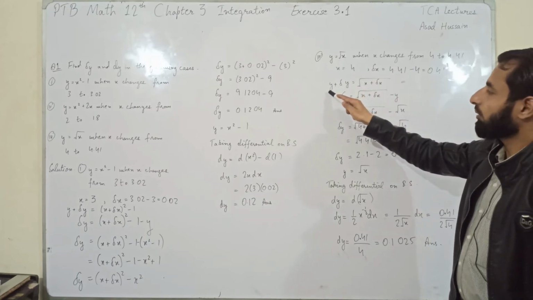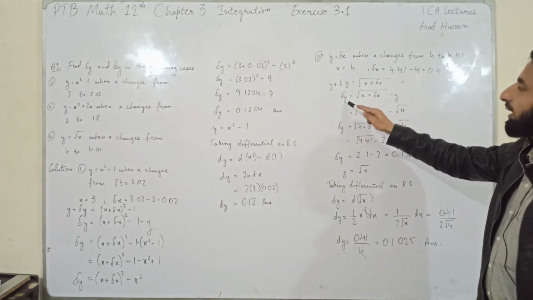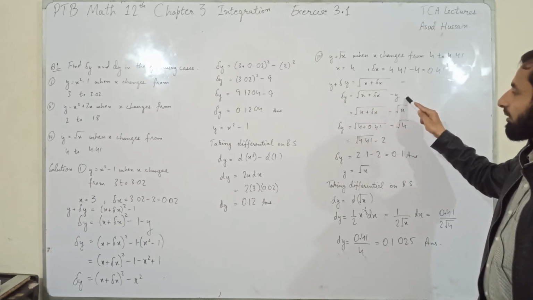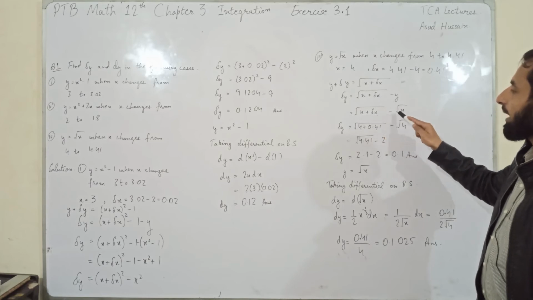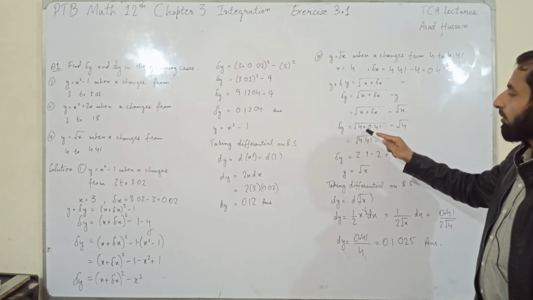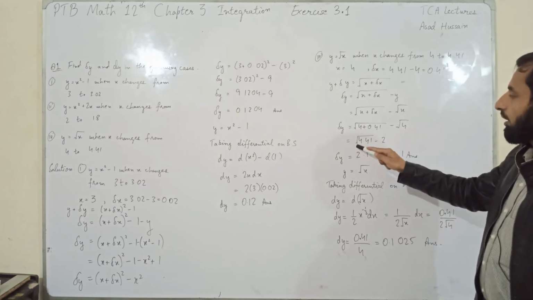Moving y from left side to right side, we get delta y is equal to under root (x plus delta x) minus y. Putting the value of y, under root (x plus delta x) minus under root x, delta y is equal to under root (4 plus 0.41) minus under root 4.